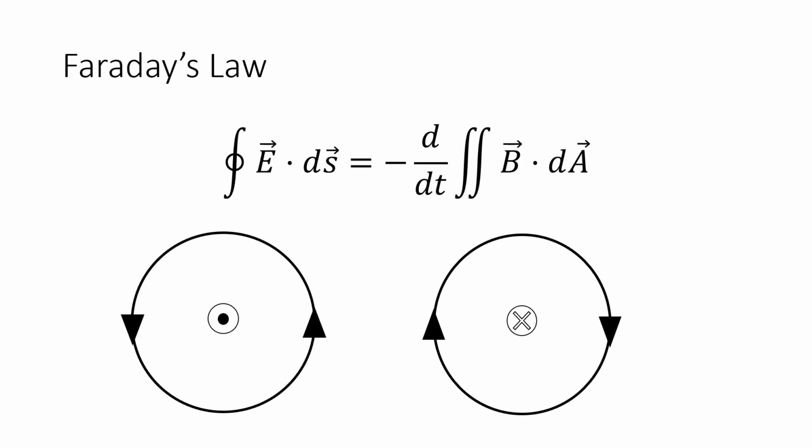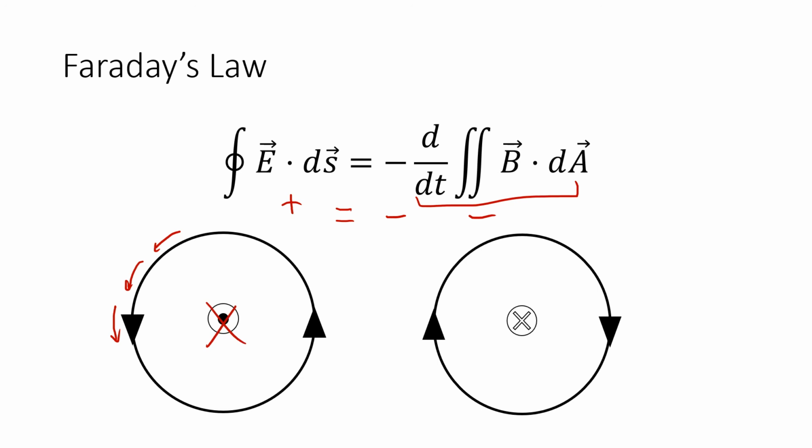Faraday's law is similar, except there's that negative there, which is very important. If we choose the left one to be positive, for example, and let's say we know that E is going in a positive direction, and so the line integral is positive. We know that the positive equals a negative. Then this thing has to be a negative because positive has to equal positive. And so the flux is increasing in the negative direction, and so it's increasing into the page.